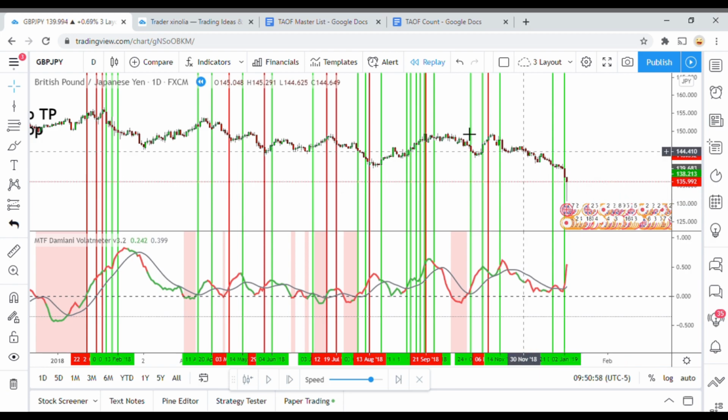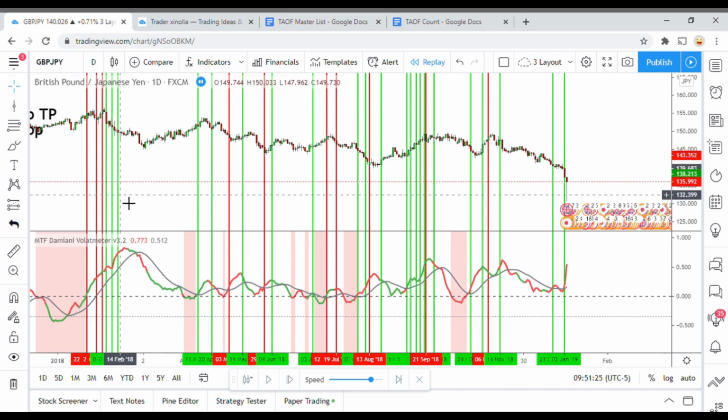Let's count them out and see what we get out of them. So 32 signals all together.